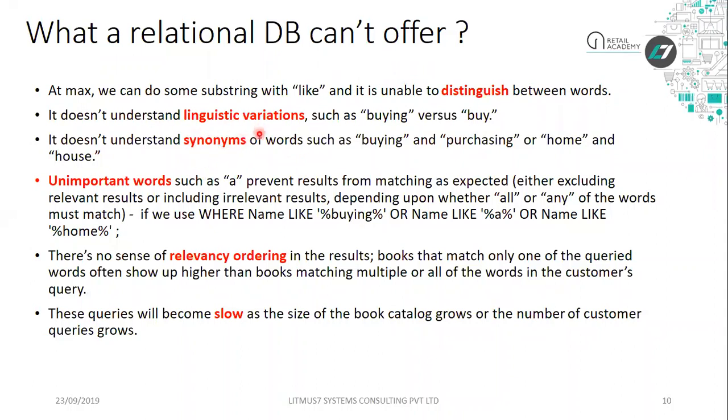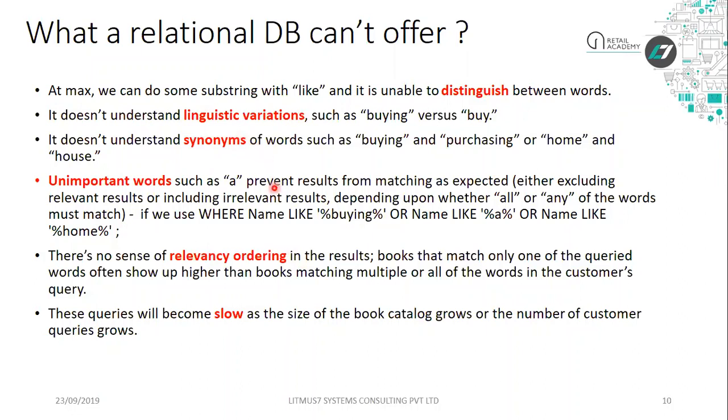About the synonym mapping, the linguistic variations and relevancy ordering, we will discuss a few things in the coming slides, and after that in the coming sessions we will cover more about these terminologies.